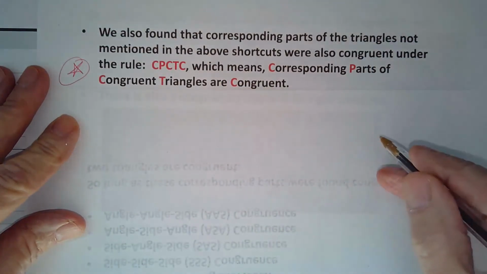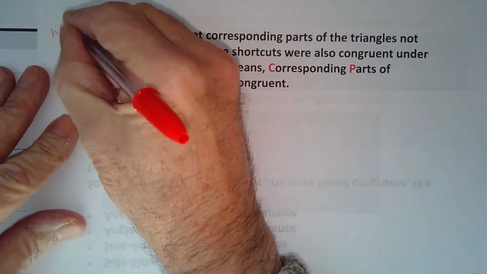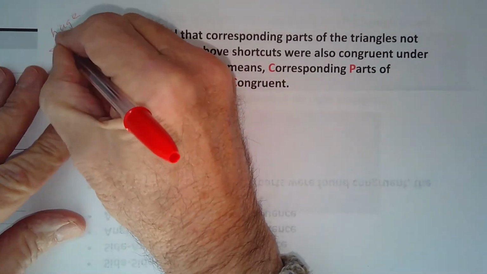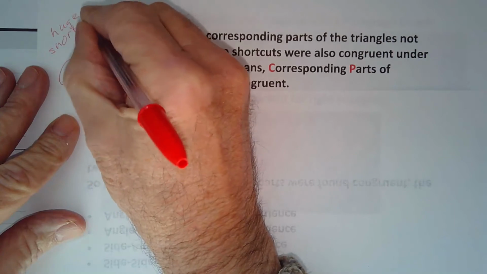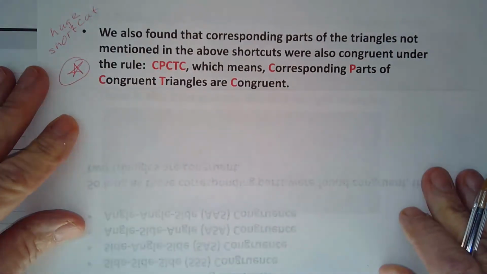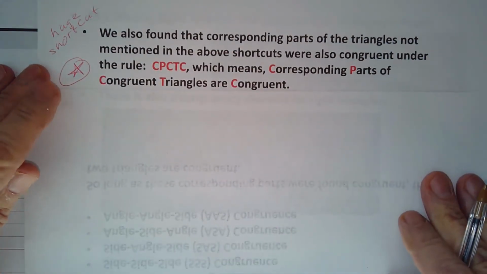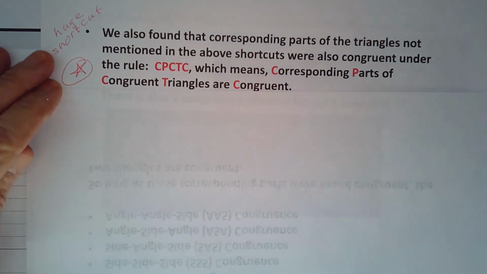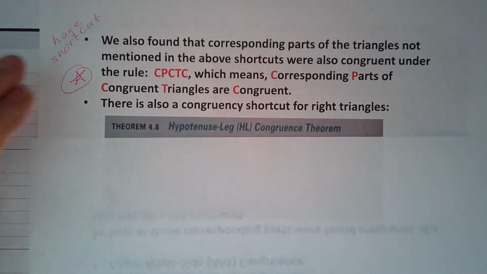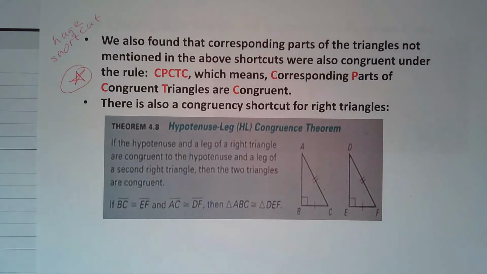Very important. Used a lot. Okay, so now we come to what we're going to do today: the shortcut known as hypotenuse leg, or right triangle congruency. So here it is.